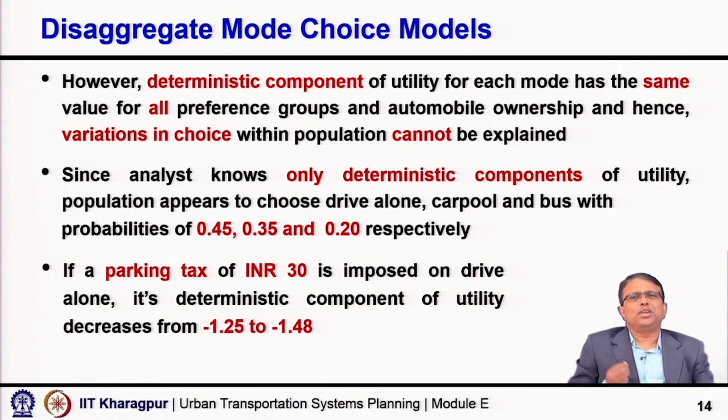Now, let us consider one more little bit addition. Addition is that let us consider we are now imposing a parking tax of 30 rupees for the drive alone, right. In the deterministic component of the utility, what will happen? Then it decreases from minus 1.25 to minus 1.48. Why?